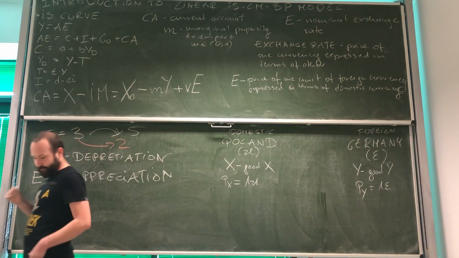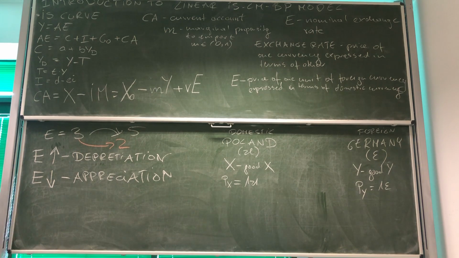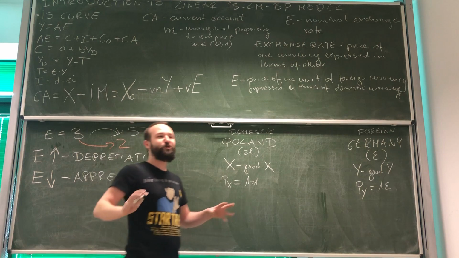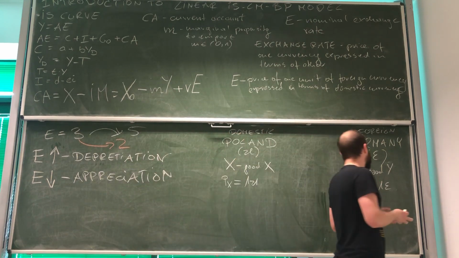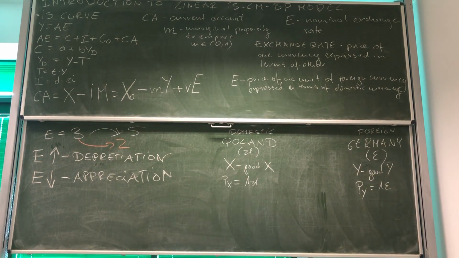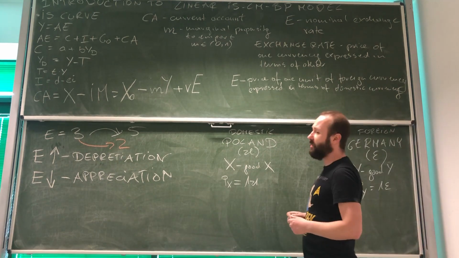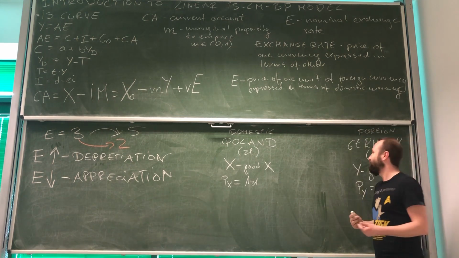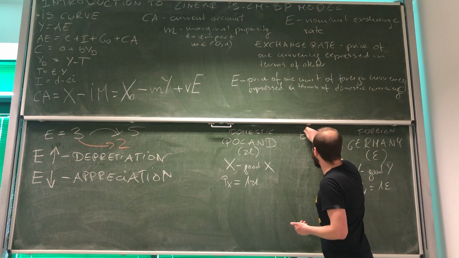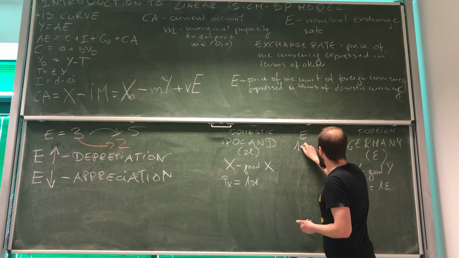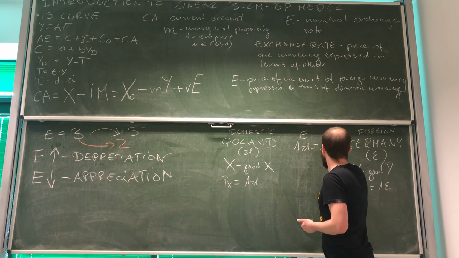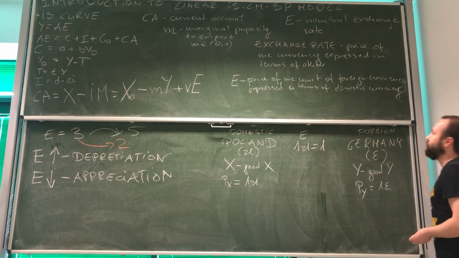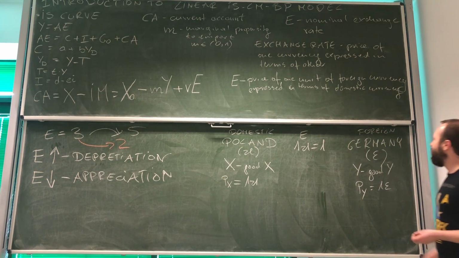Okay, now I'm going to simplify everything to the ridiculous extent because we don't want to look at real exchange rates in this class. We will look at those in international economics. So I'm going to start with an extremely unrealistic and simple example. Imagine that the exchange rate that we've got is that 1 zloty can be exchanged for 1 euro.